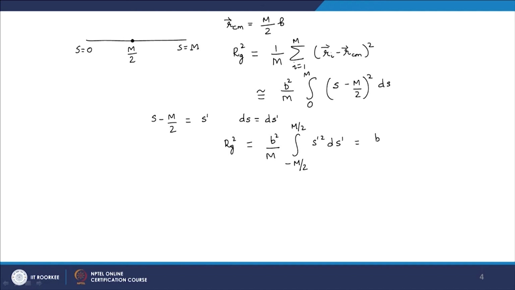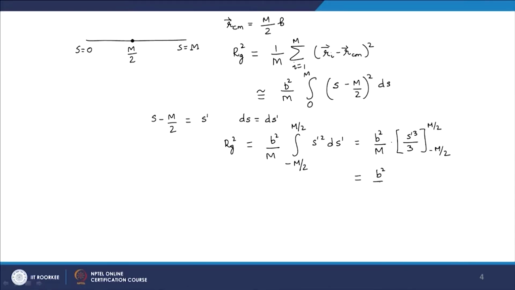So, this is equal to... of course, both the upper limit and lower limit are the same, but differ in sign. So, if I take the upper minus lower, we get double of the same quantity. So, we get b square by m multiplied by 2, and then m by 2 cubed is m cube by 8, and we had a 3 here.